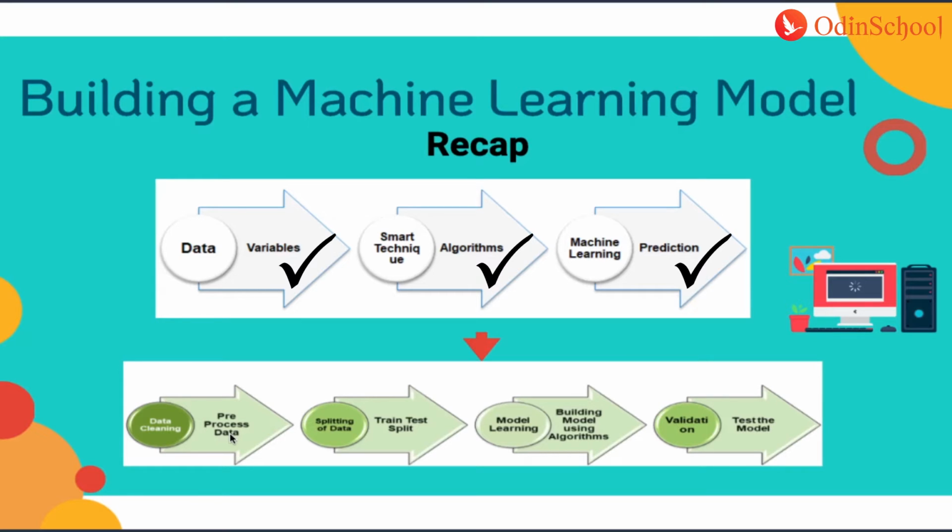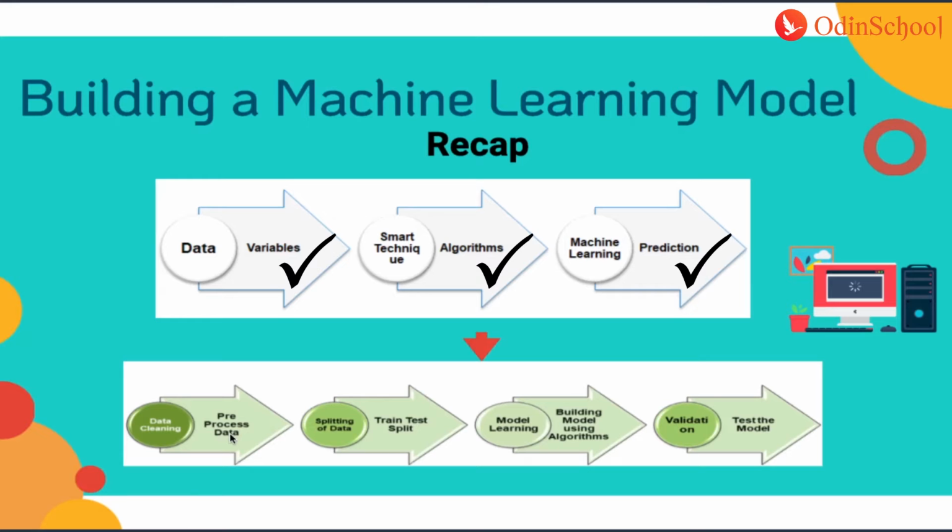That is what pre-processing is all about. We are going to talk in detail about the steps involved in pre-processing, because it is one of the major steps for building a model. It contributes almost 60% of your efforts.